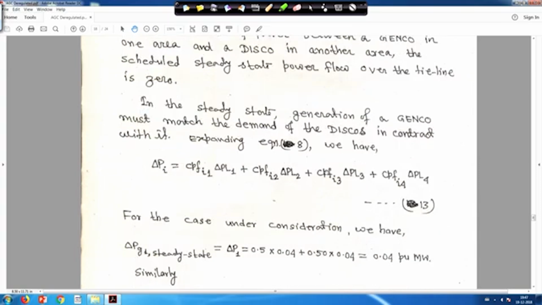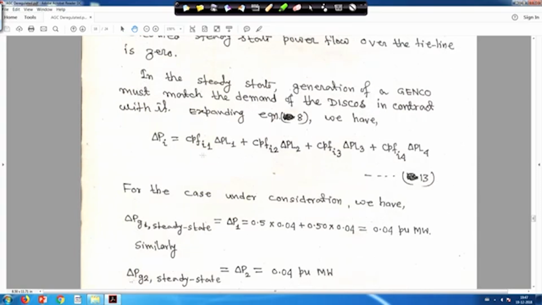Expanding equation 8, we have this expression in general: delta Ptie is equal to Cpf I1 delta PL1 plus Cpf I2 delta PL2 plus Cpf I3 delta PL3 plus Cpf I4 delta PL4, this is equation 13. That is from equation 8, the sigma of Cpf Ij delta PLj.